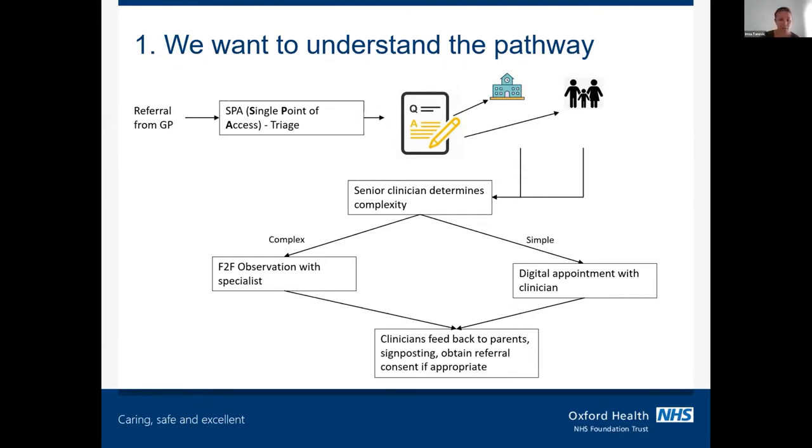If it's complex, there are several face-to-face appointments with specialists. If it's simple, sometimes there are just digital appointments. And at the end, it goes back to clinicians to give feedback to parents, signposting, obtaining referral consent, and so on. So that's on a very, very high level.